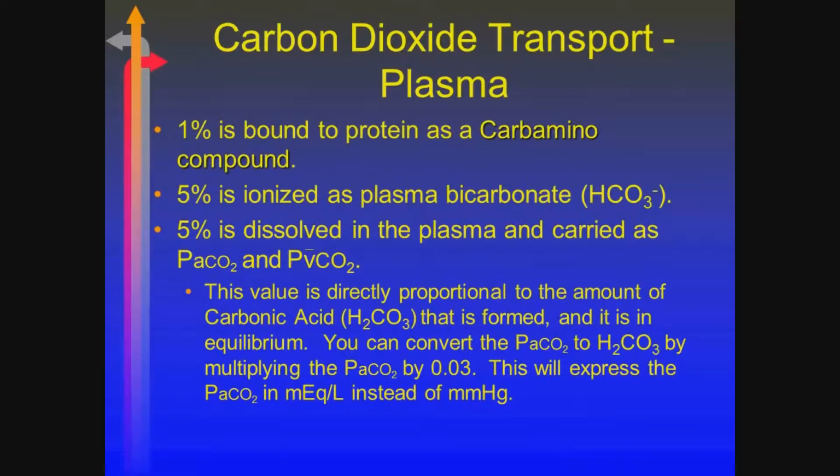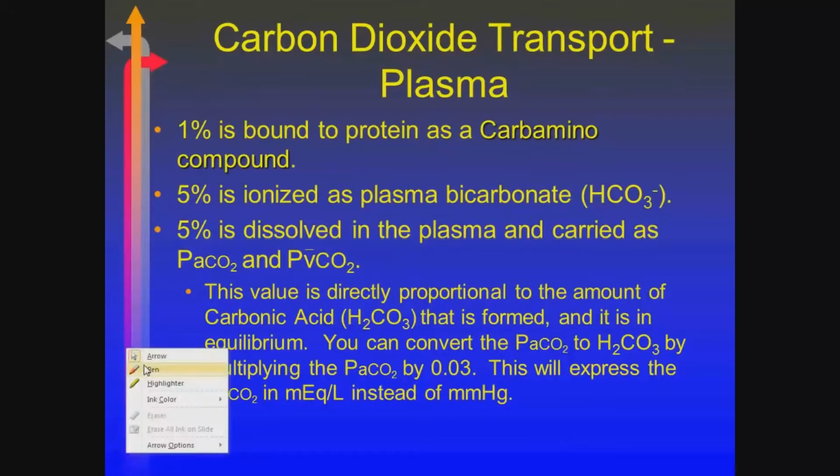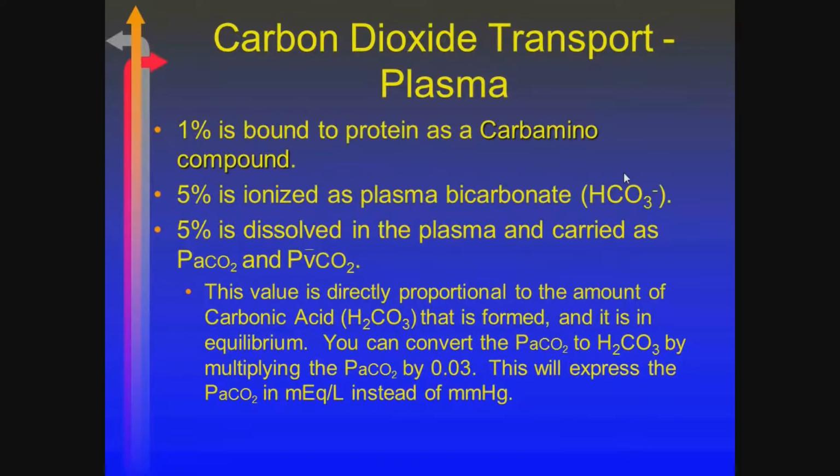It's the partial pressure. Let me go back here and just make mention. This is measured in milliequivalents per liter. Does anybody remember what the normal value is? Okay, Rick, I'll give it to you. 22 to 26 milliequivalents per liter.